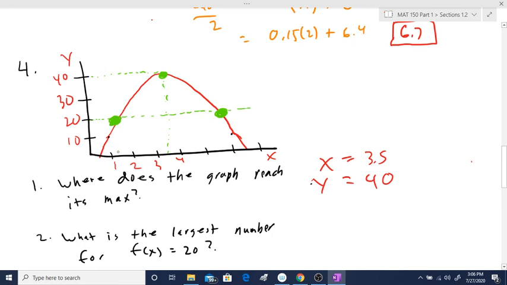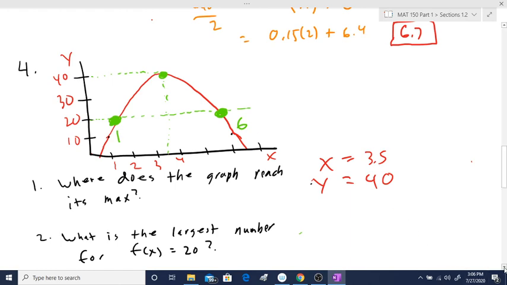These are not perfect, but it should be when it's 20. If you look at 1 right here, we're going to say it's 1. So it hits it at, we're going to say, 1 and 6.